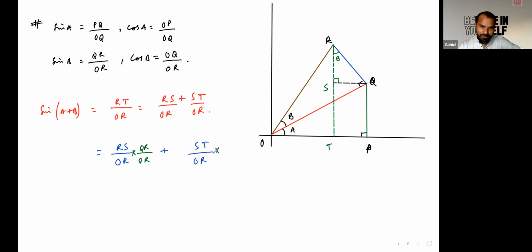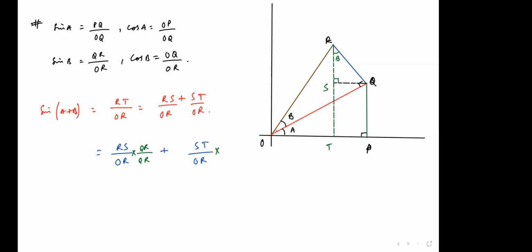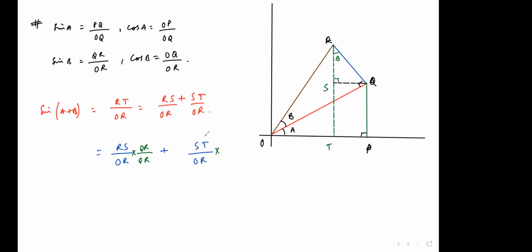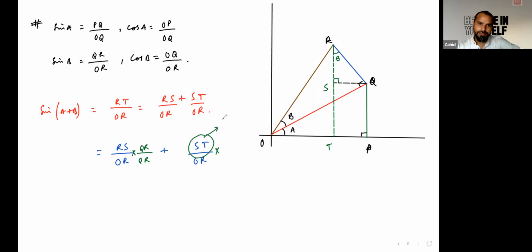Similarly, if we multiply and divide by the same term in this fraction, suppose ST would be equal to QP, and OR is in this particular part. So we can write ST as PQ, so PQ upon OR.